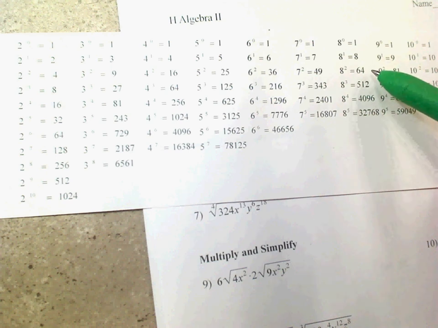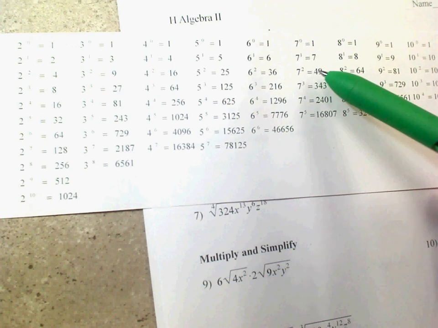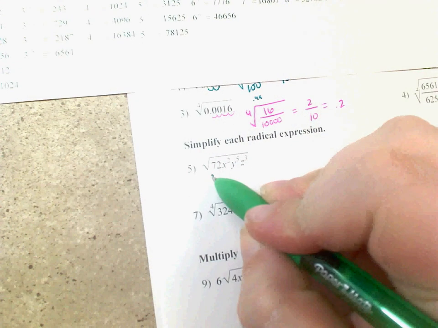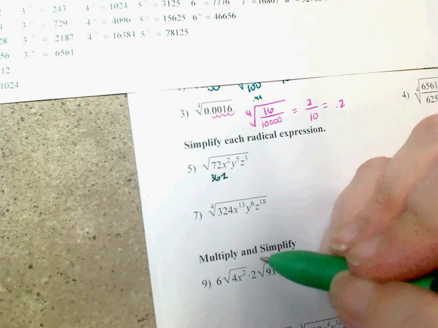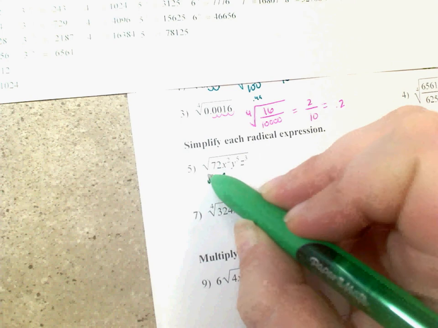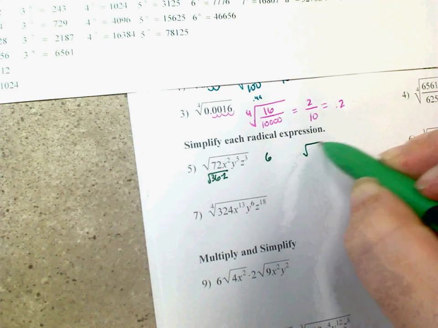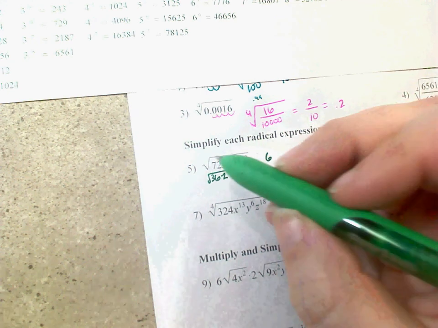I know that 64 does not divide into it evenly, and 49 does not divide into it evenly, but 36 actually does, twice. So that's actually 36 times 2. The square root of 36 is 6, which is why there's going to be a 6 on the outside and a 2 left on the inside. And then there's an understood 2 right here.